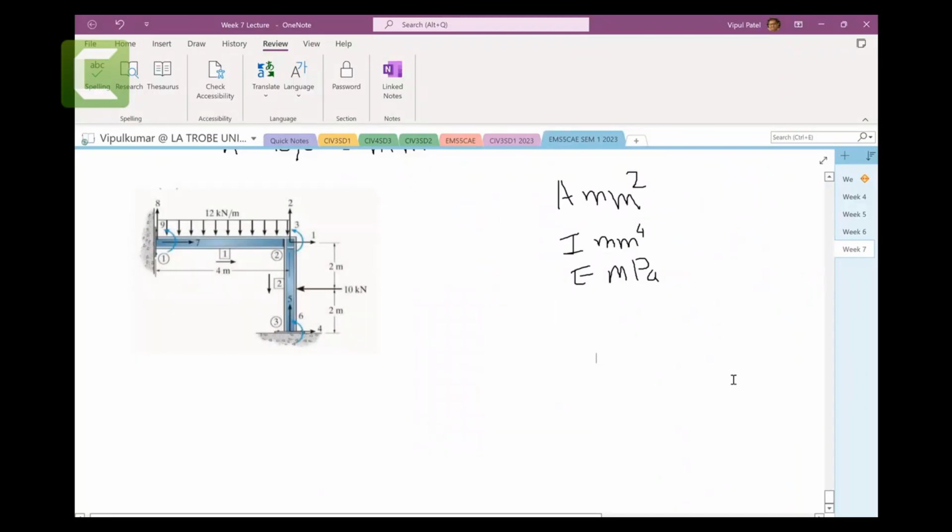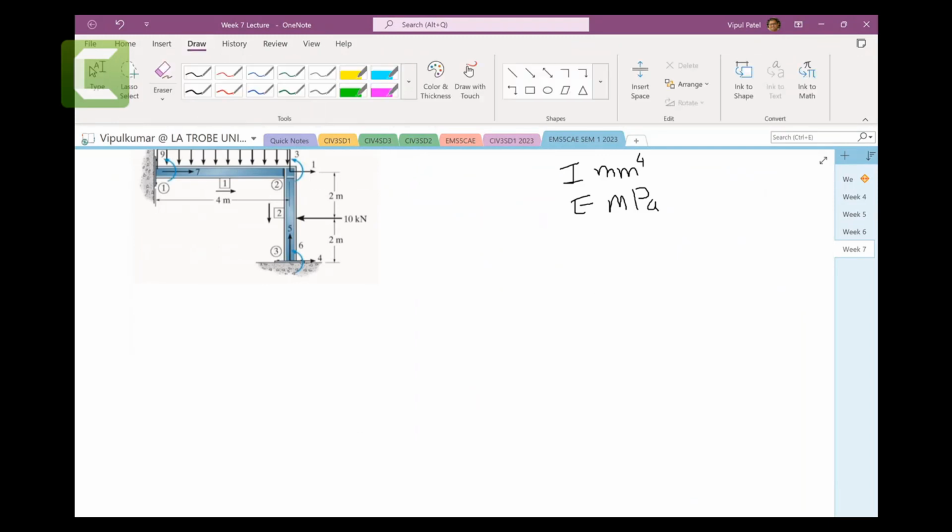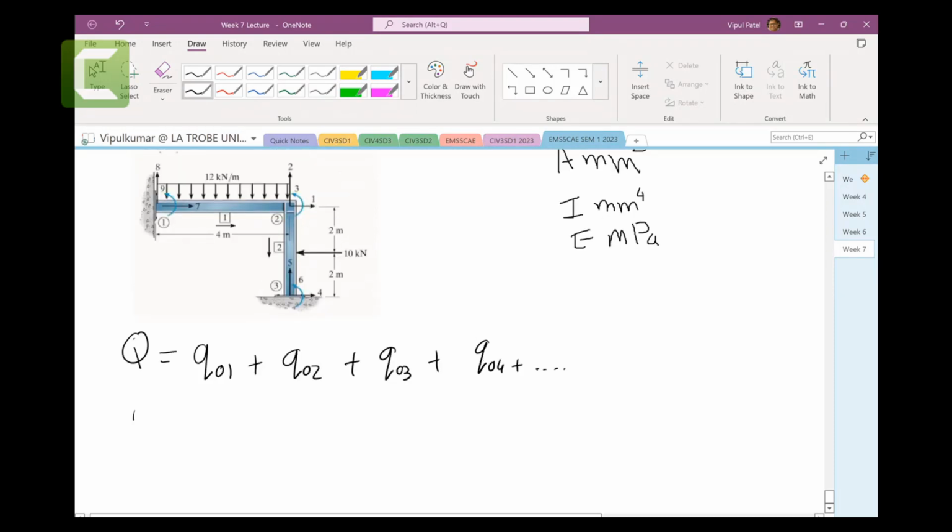Okay, now to find the capital Q0, the students asked me, that looks a little bit confusing. So Q could be Q01 plus Q02 plus Q03 plus Q04, depending on how many members you got. Now here, how many members do we have in the questions? Can you please tell me the answers?